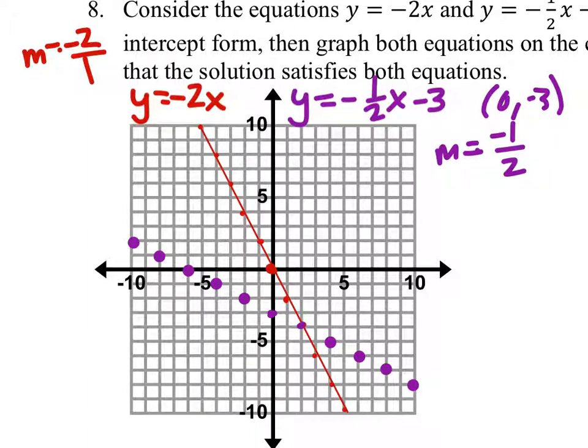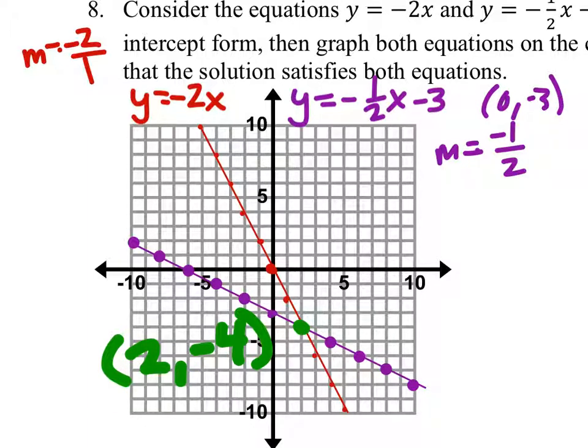There it is. Now I'll connect these with a line. And we can see right now where the point of intersection is. Right here. That's at the point (2, -4).